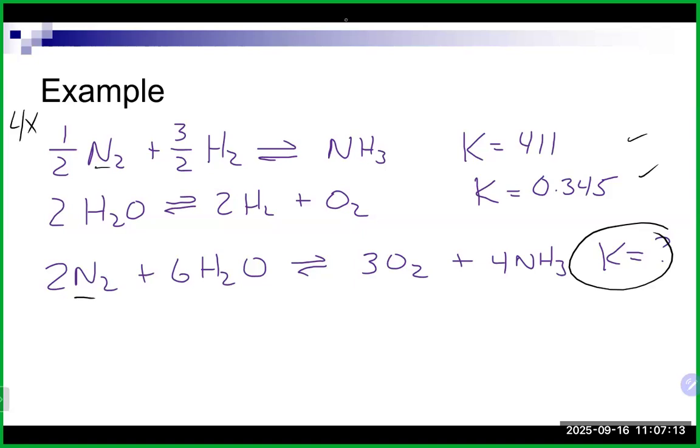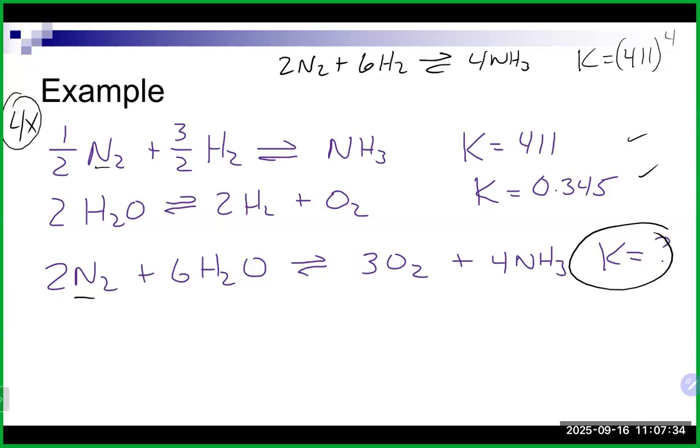And if I multiply by 4, that will give me 2N2 plus 12 divided by 2 is 6H2, gives me 4NH3. Now, because I multiplied everything by 4, I am going to take the K1 to the fourth power. Again, based on what I multiplied by will be where I get that from.